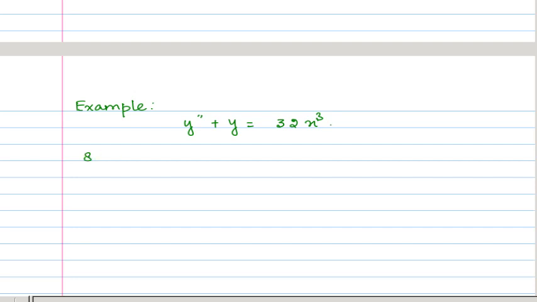Now what is my solution? I want to solve this.